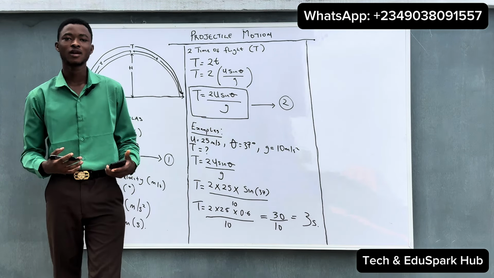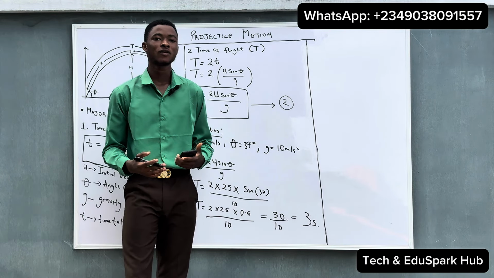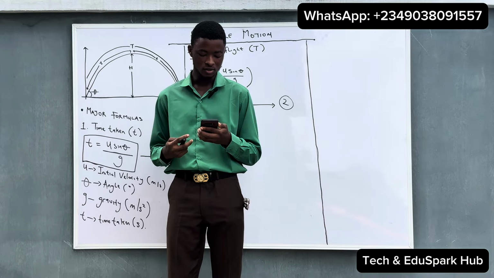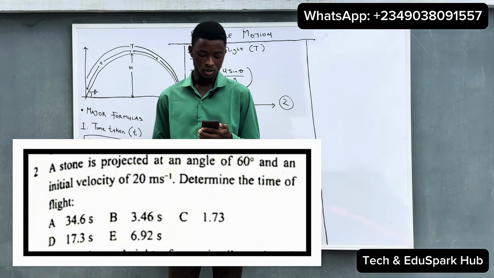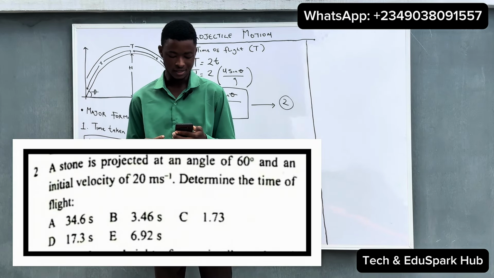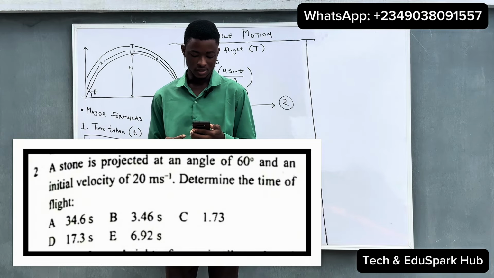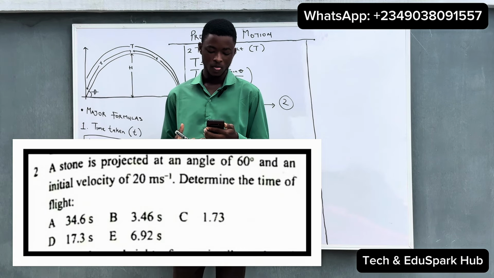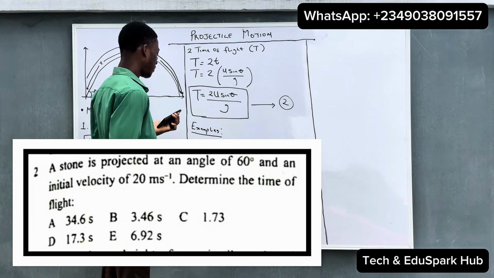So let's move to another question under the time of flight. The last question under this time of flight, as displayed on the screen, says that a stone is projected at an angle of 60 degrees and an initial velocity of 20 meters per second. Determine the time of flight. For this kind of question, we are given our parameters.